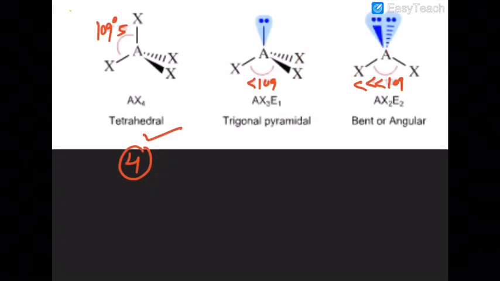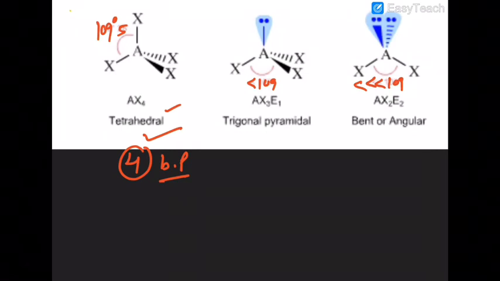Now in the next case, if there are 4 electron pairs around the central atom and all 4 of them are bond pairs, then it will take a perfect tetrahedral shape.